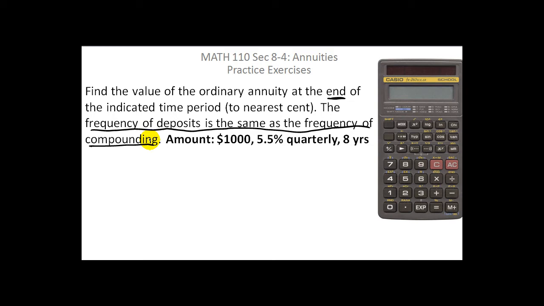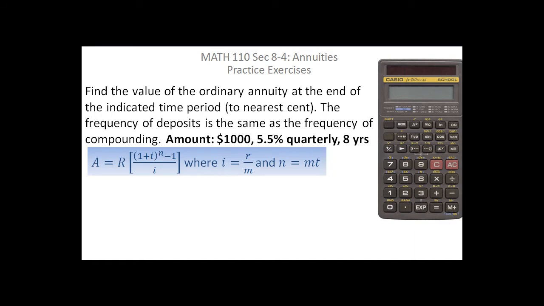Anyway, getting that aside, I know that if it's an ordinary annuity, I have to use this formula for the future value of an ordinary annuity. And now it becomes a matter of just calculating the values, figuring out what everything is. I need to calculate N, which is the number of compounding periods.